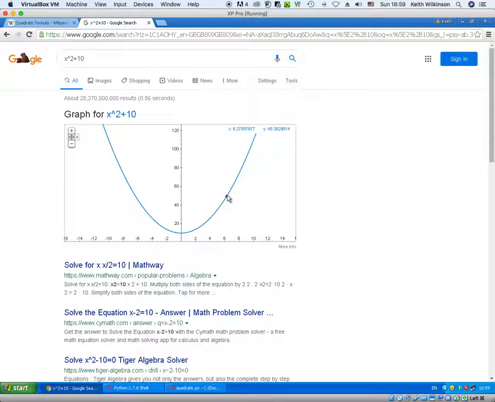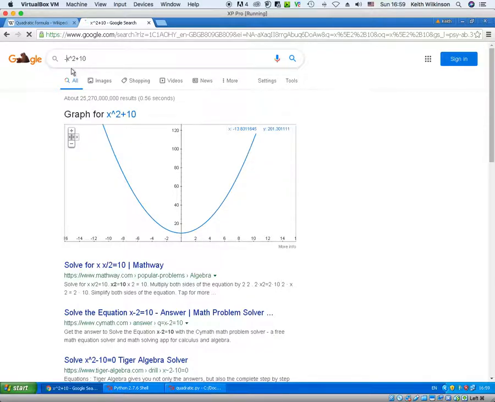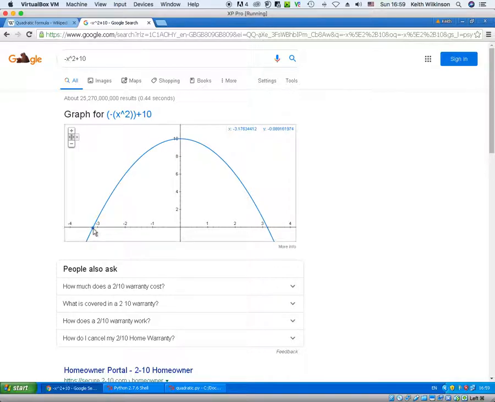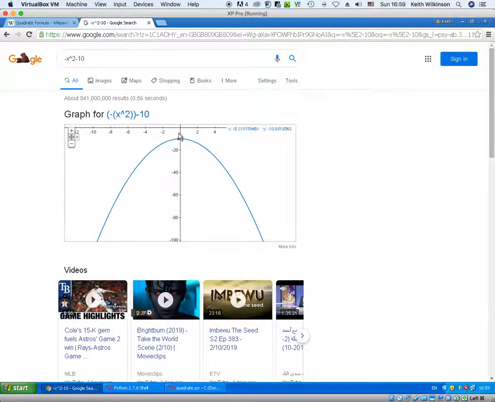There are no roots. And in fact, if I negate it as well, so we get the upside down version, again, well, this time it touches in these two places, but if I do minus 10 here, we end up with a graph that doesn't touch the x-axis at all, and there are no roots.